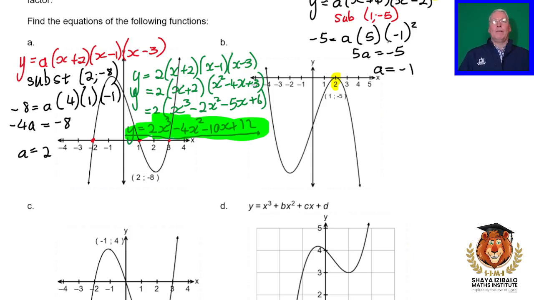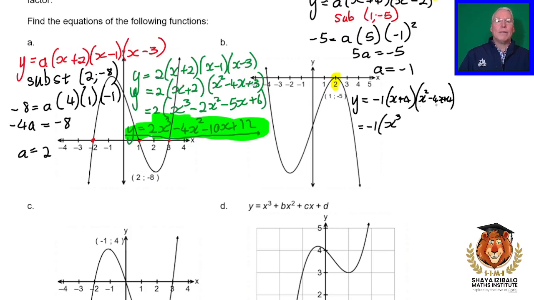Okay, right. So now the only thing we've still got to do is multiply it all out to get it into standard form. So y equals negative 1 times x plus 4, then x minus 2 all squared. I'm just going to square that out. It's x squared minus 4x plus 4. Okay, it's going to be negative 1 into x cubed. We've got a 4x squared and a minus 4x squared, so no x squareds.